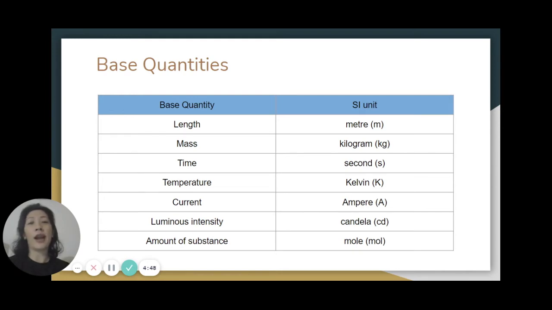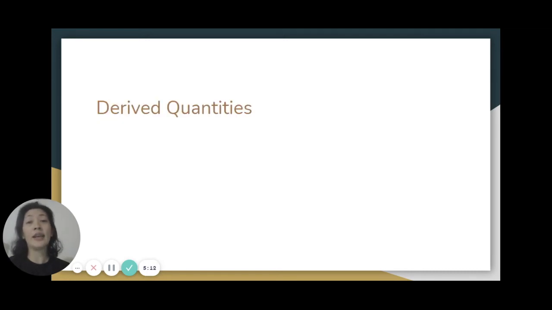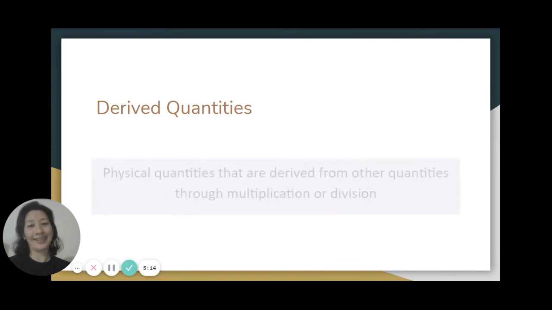So all of those are actually a type of length. Even though those terms do not appear in this list, however, they are a type of length, which means that they are also base quantities. So one more time, remember, these are the only 7 base quantities that exist in the world. If they do not fall in this list or are any of the same type of the quantities in this list, then they are derived quantities.